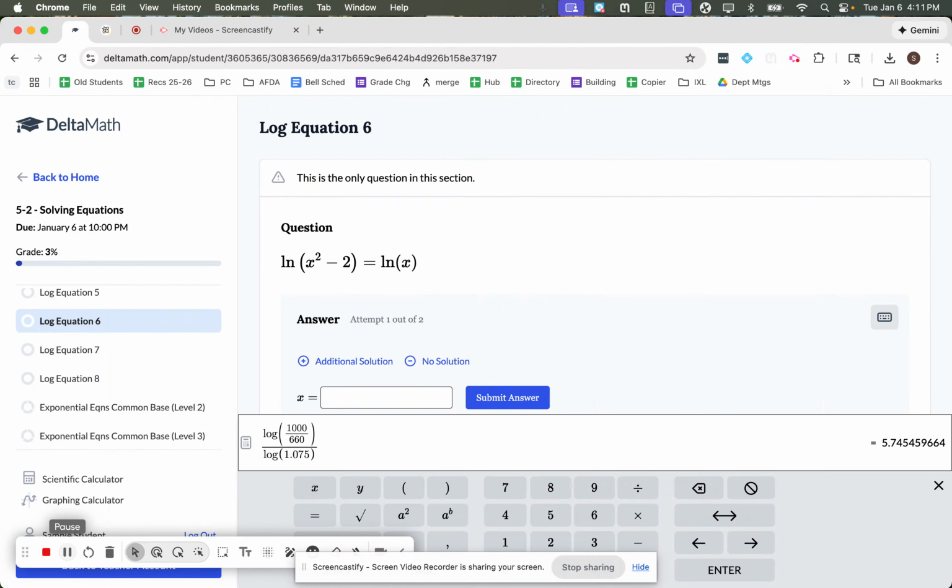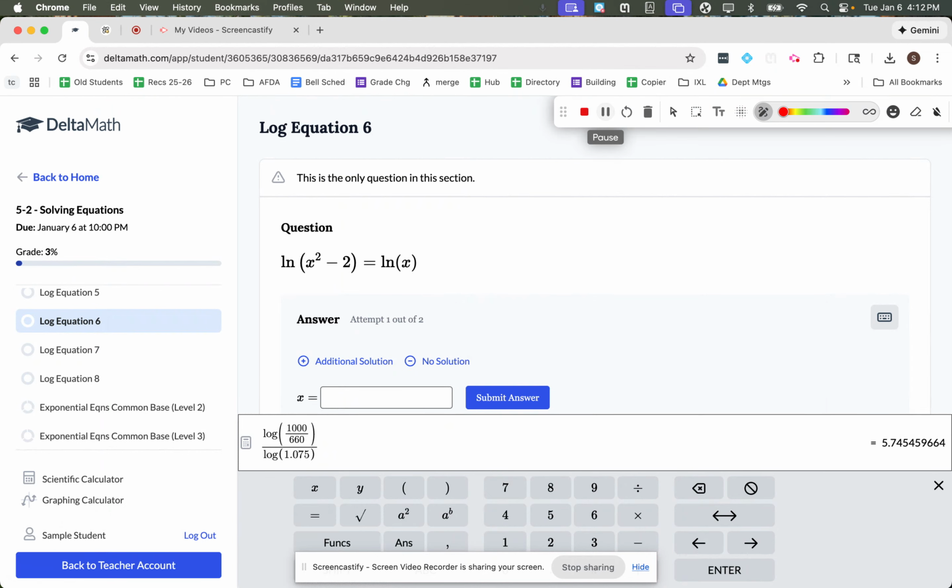What if you have a problem like this? 2 logs. This happens to be natural log on both sides, one on each side. Okay, this is fairly straightforward because it's log of one side, log of the other side. That means the insides are equivalent.